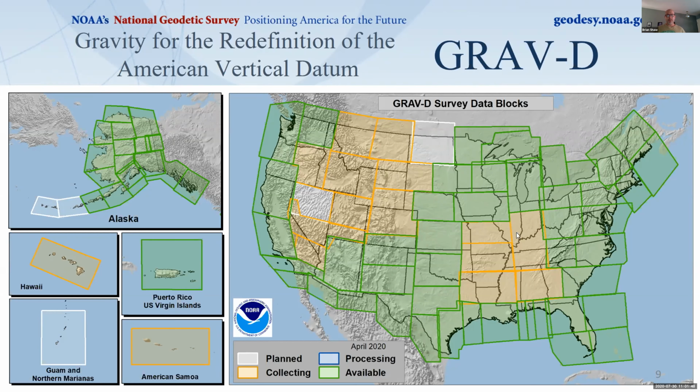If you've heard, the NSRS modernization that we'd initially planned to roll out in 2022 has been delayed, and this is one of the fundamental reasons why: we really need this gravity data to complete our models and to create the most accurate positioning available. Once things are running up again, we'll complete all of these blocks. We'll go out to finish up Samoa, Hawaii, and get out to the Aleutians and Guam and the Northern Marianas.